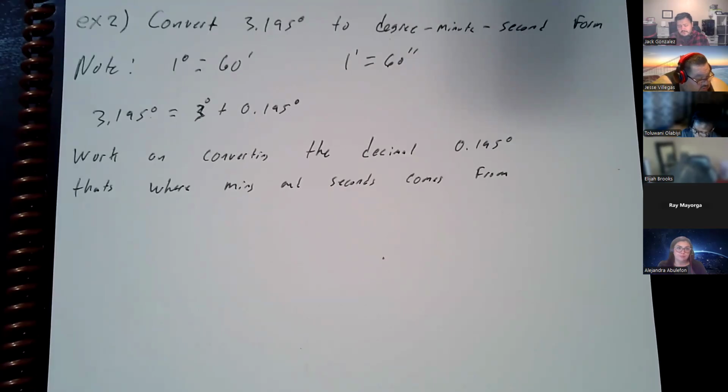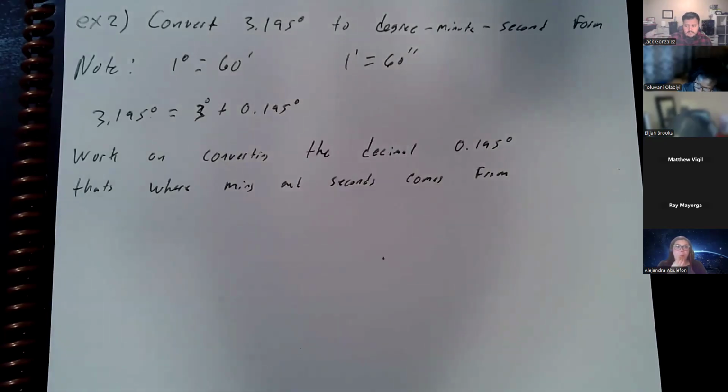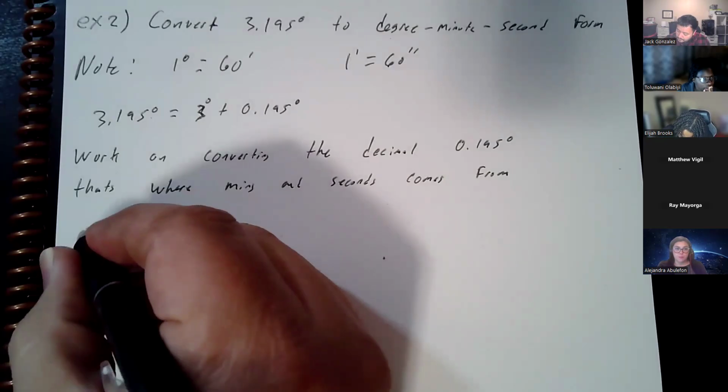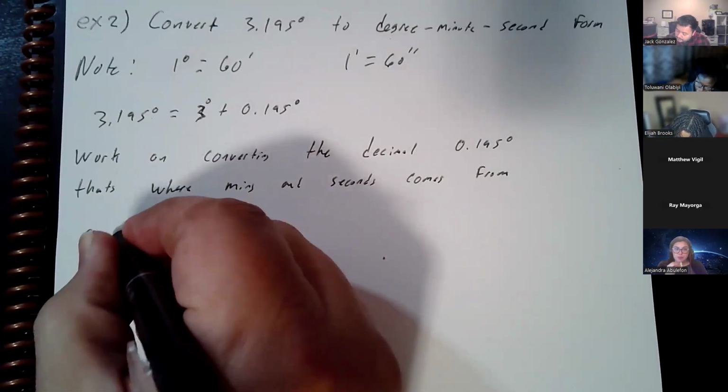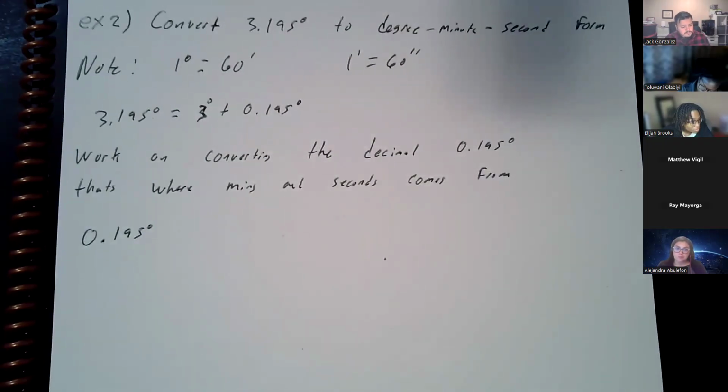Have y'all taken chemistry at some point? Do you remember all those little conversions, like pounds to ounces, temperatures, and so on? It's basically the same thing. We're going to multiply 0.195, and if you haven't taken that, it's okay. I'm sure you've all converted feet to inches at some point.